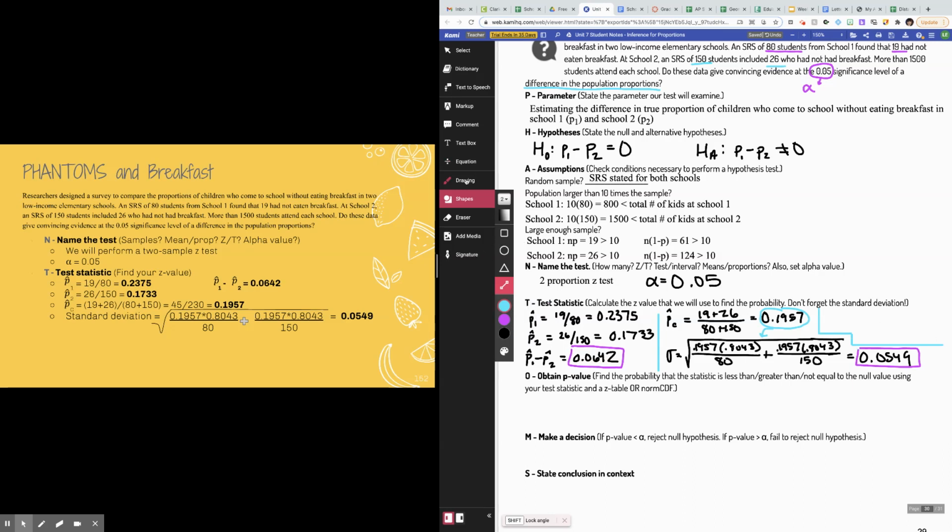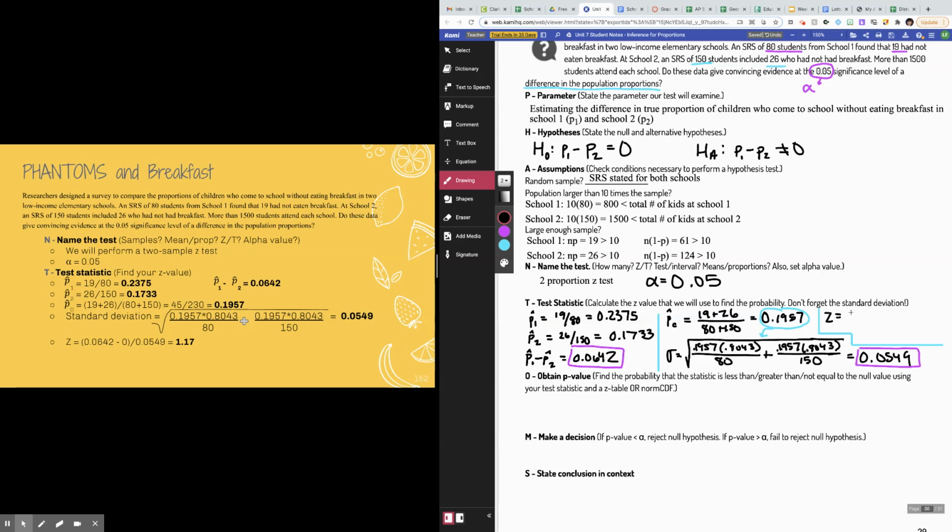But now I have the information that I need to calculate my z-score. So remember, it goes your statistic, which is in this purple box right here.